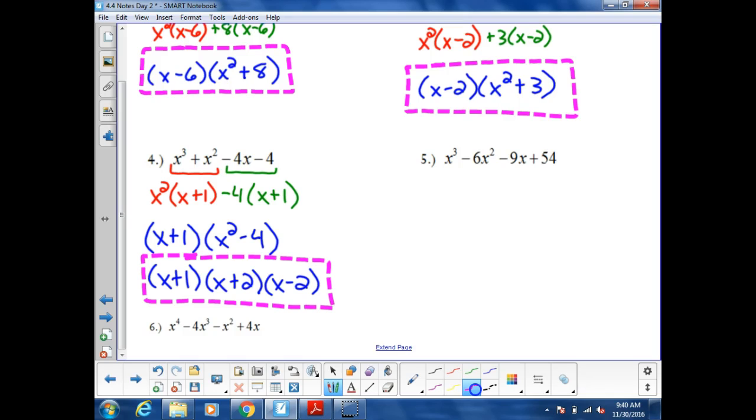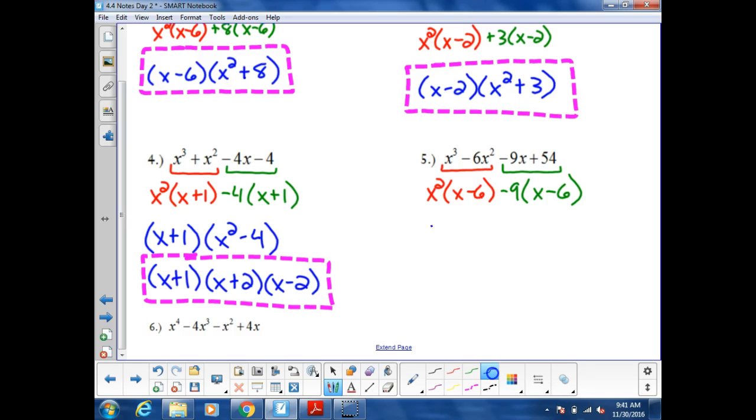Okay? Somebody other than Travis now on this next one. X squared, what's left over? X minus 6. Minus 9. What's left over?